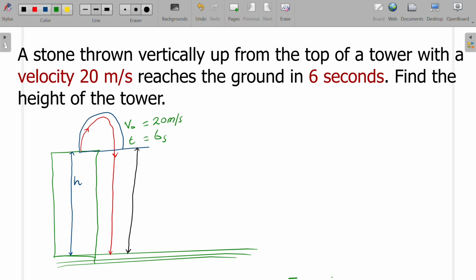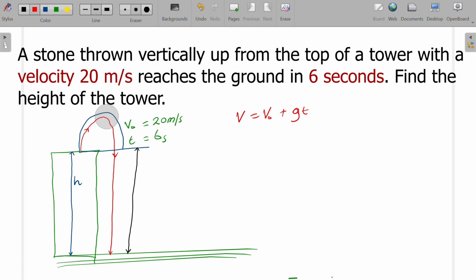We're going to use v equals v initial plus at. In this case we're talking about acceleration due to gravity, so we use gt. When it reaches the highest point before it starts coming down, its velocity there will be equal to 0.